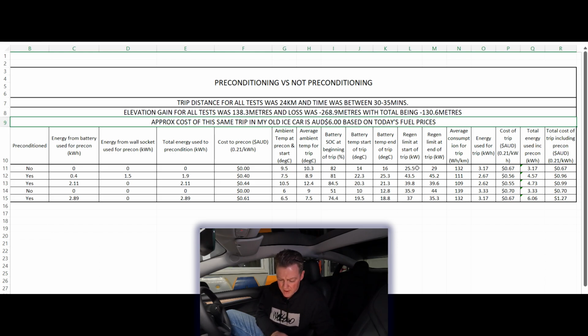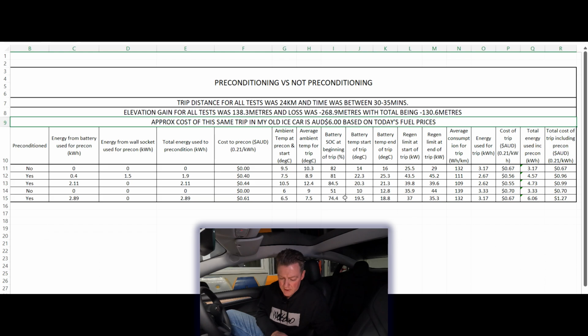You can see the regen limit with the battery at 82% and 14 degrees was 25.5. But if we come down here, when the battery was 10 degrees, my state of charge was at 51 and the ambient temperature was colder as well, and I've got 35.9 kilowatts as a regen limit.